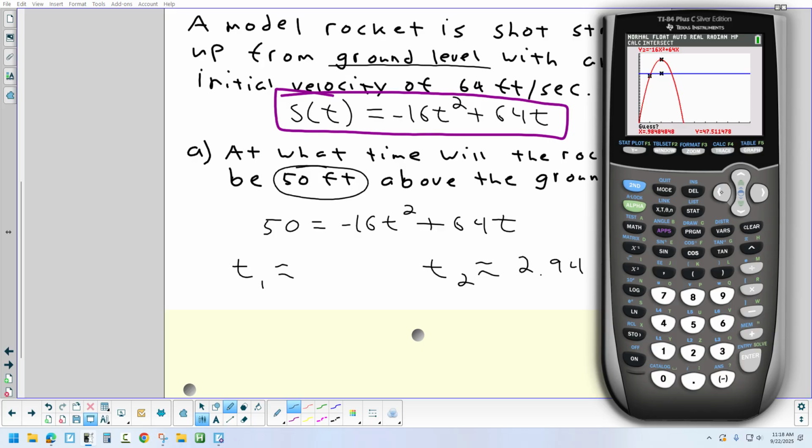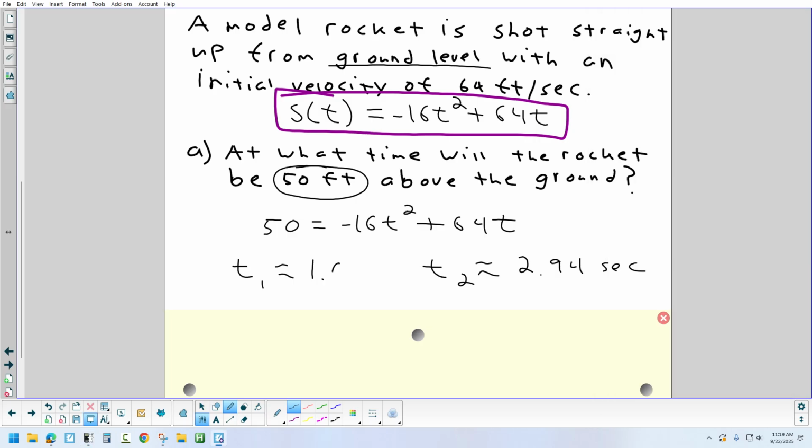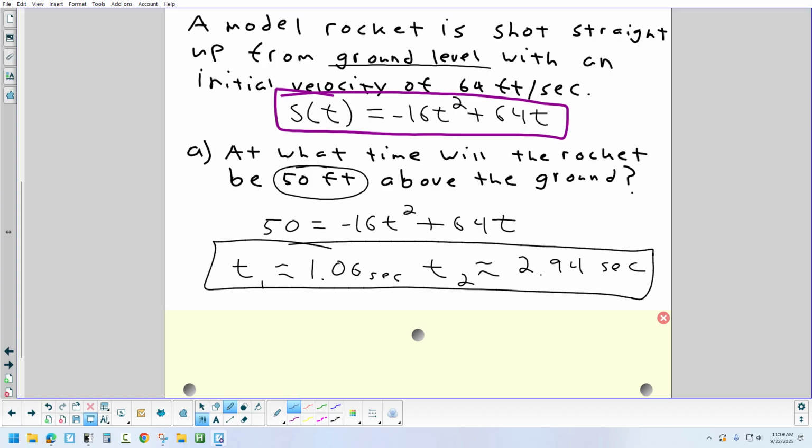And now put your guess closer, doesn't have to be right on it, just closer to the left one. And on the way up, the rocket hits 50 feet at about 1.06 seconds. We could have gotten those exact numbers using quadratic formula as well. Just would have taken an extra minute or so.